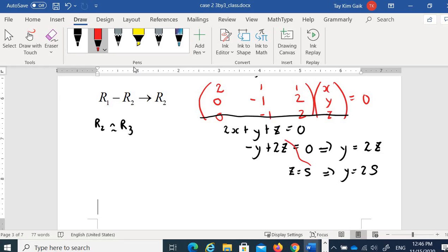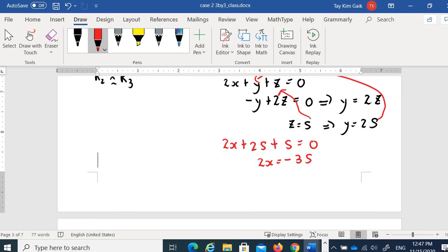So you got 2x, y is 2s, z is s equal to 0. So 2x equal to negative 3s. Then x is negative 3 over 2 s.